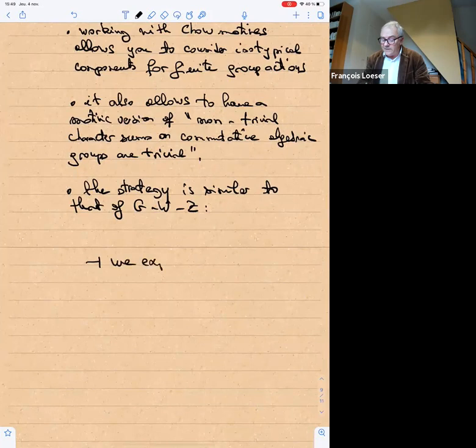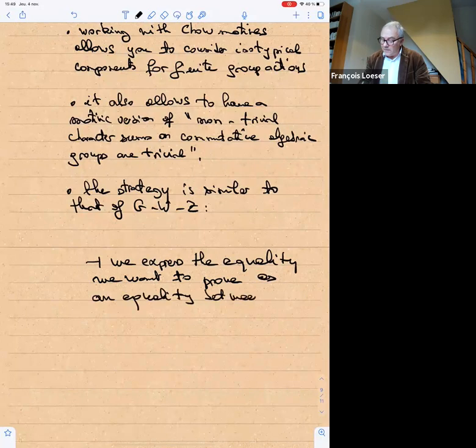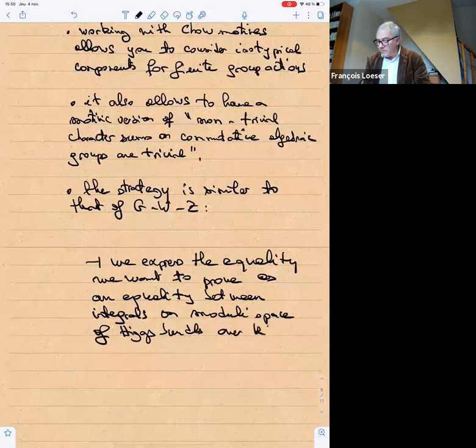We express the equality we want to prove as an equality between integrals, in this case motivic integrals, on moduli spaces of Higgs bundles, but now over the ring of Laurent formal power series. Okay, that's a starting point.